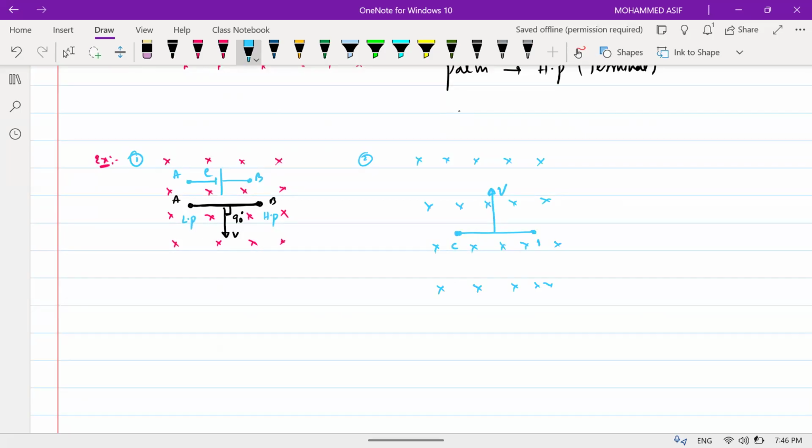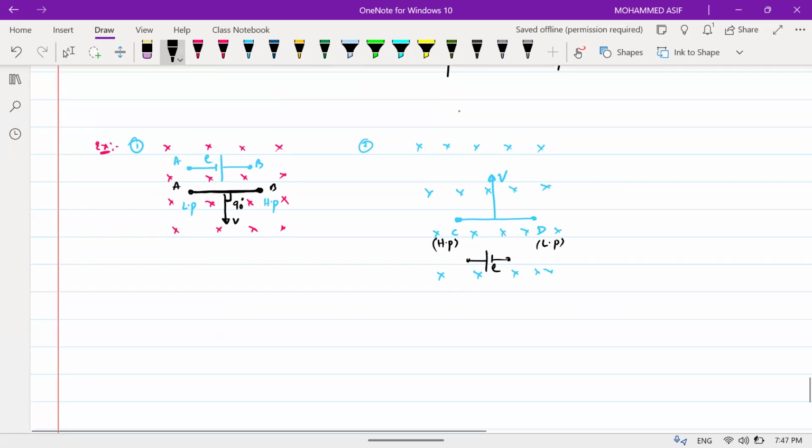This one is C and this one is D. Tell me which is the higher end and which is the lower end. C is your higher potential and this is your lower potential. That means I can replace this one with a battery, positive, negative. The EMF of this one is E. Got it?